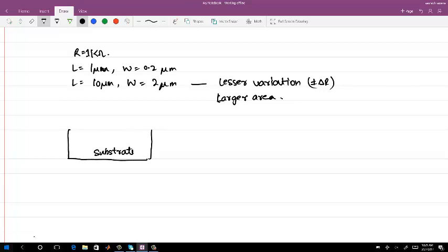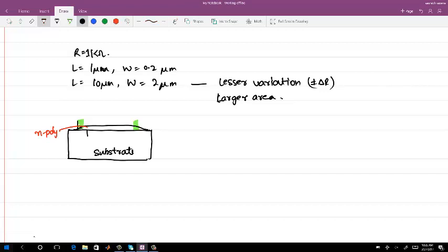Let's say you realize this using some N poly kind of thing, the N polycrystalline which you use to realize the resistance.